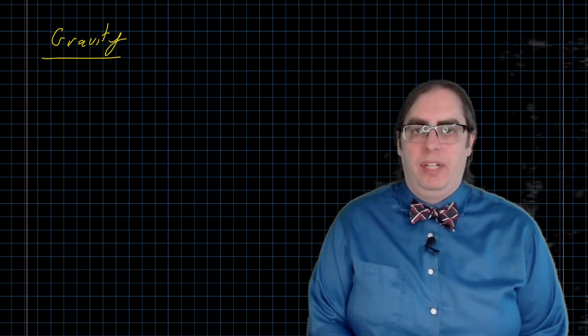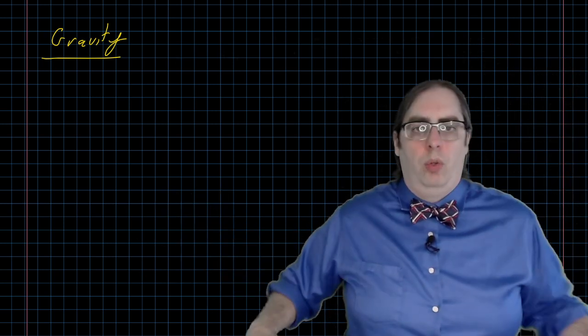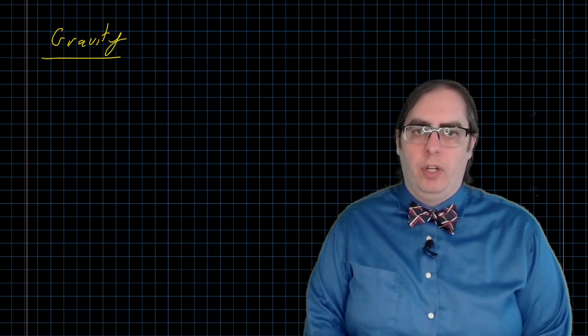All right. One last topic before I wrap up on this video is the idea of gravity. We're familiar with gravity. Gravity is the force that holds us on the surface of Earth, give or take a couple of approximations.